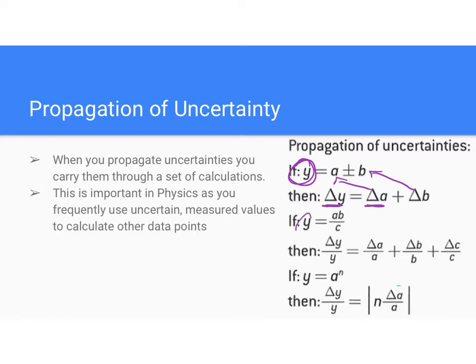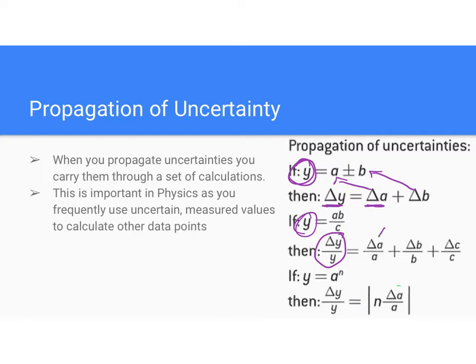If our calculated value is equal to, say, a times b divided by c, then what we have here is our fractional uncertainty, right? The absolute divided by the actual is equal to the absolute in a divided by a, plus the absolute in b divided by b, plus the absolute in c divided by c.